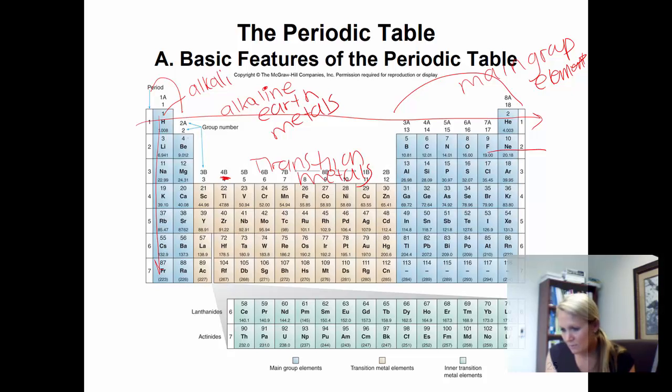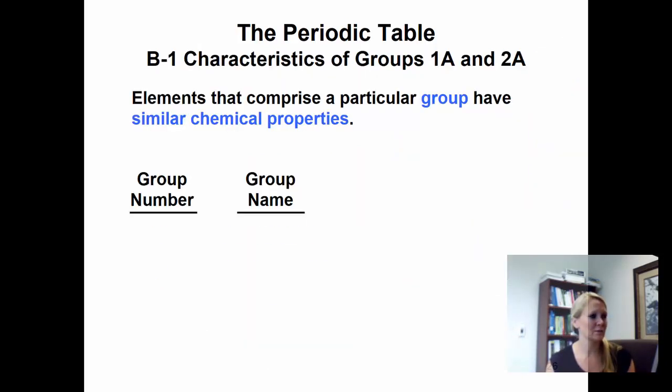When we're talking about the whole group here, that's alkali, then alkaline, and then this whole group 7A are called halogens, H-A-L-O-G-E-N-S. And then group 8A, this whole group here, are called noble gases. Alright, I wanted to go ahead and point those out.